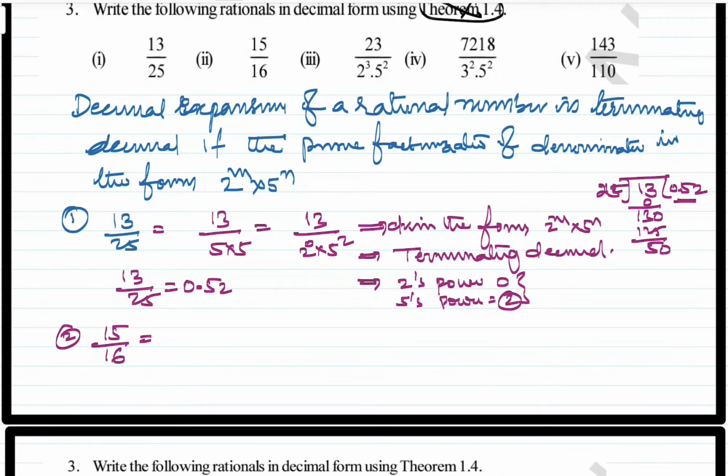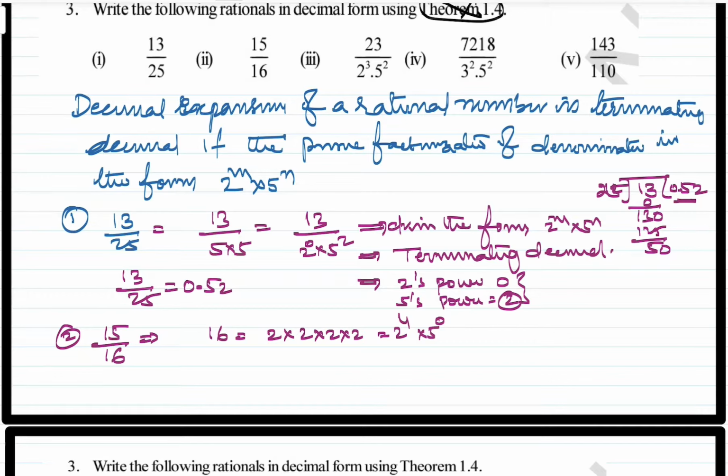Next, the second one, 15 by 16. So here this one also, the first condition is satisfied: 15 and 16 are co-primes. In the second, 16 can be written as 2 times 2 times 2 times 2, it is 2 to the power of 4, and here 5 is not there.